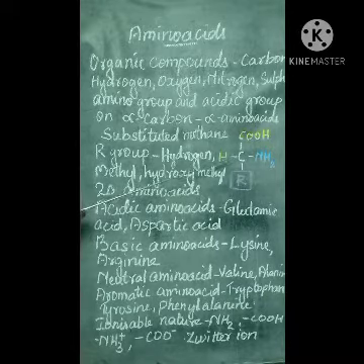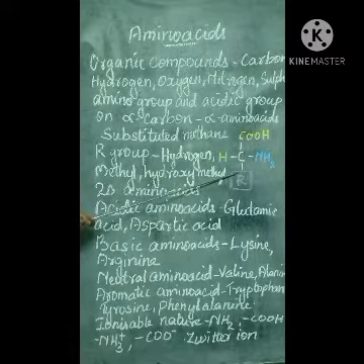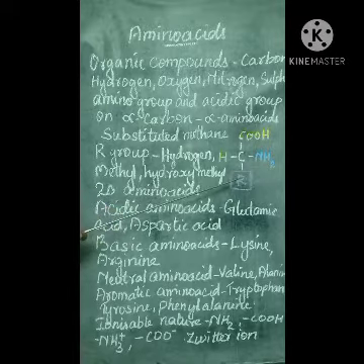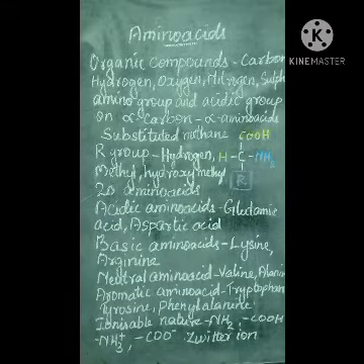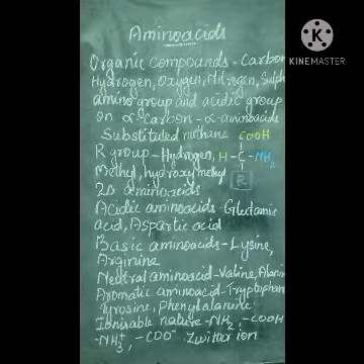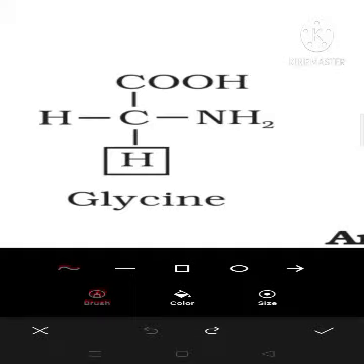Now, this carboxyl group provides acidic property to the amino acid and the amino group provides basic property to the amino acid. And this R group will vary from amino acid to amino acid. It can be hydrogen or methyl or a hydroxymethyl group. This is the structure of the amino acid glycine.